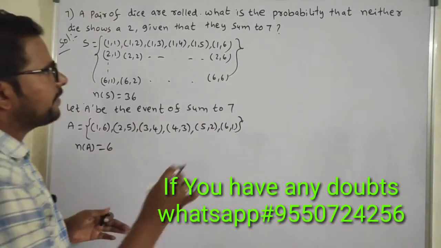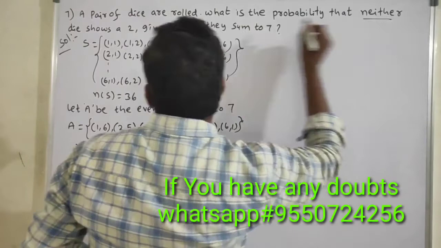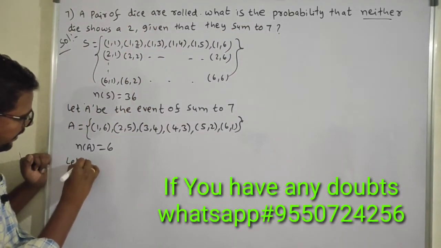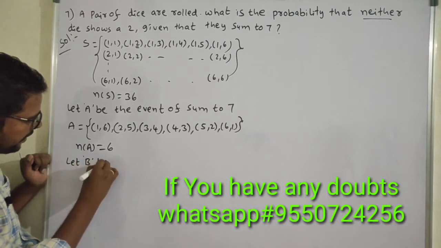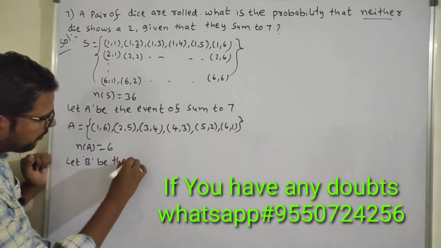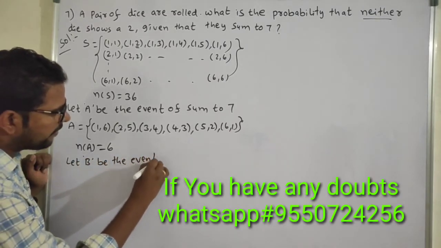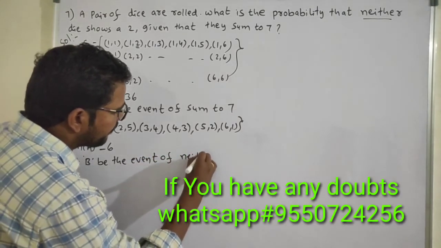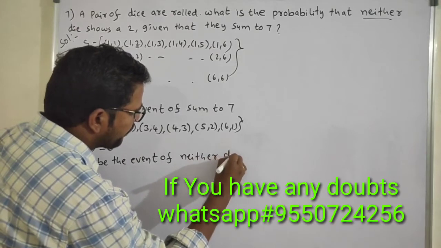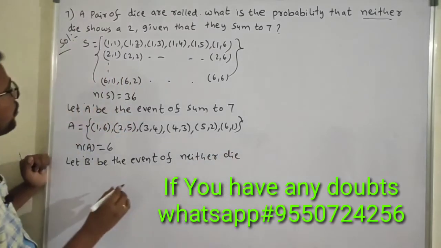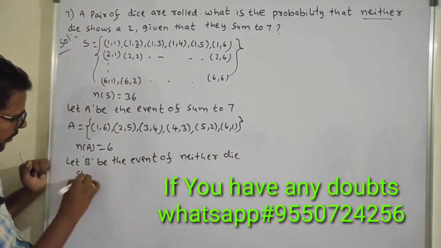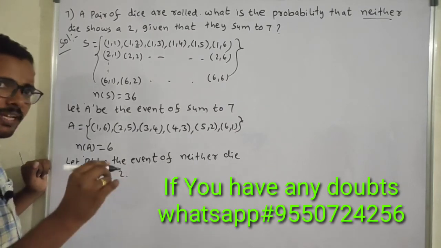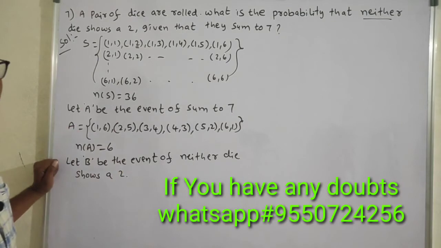Now take another event. Let B be the event that neither die shows a 2. So any result that shows a 2, don't take that result.